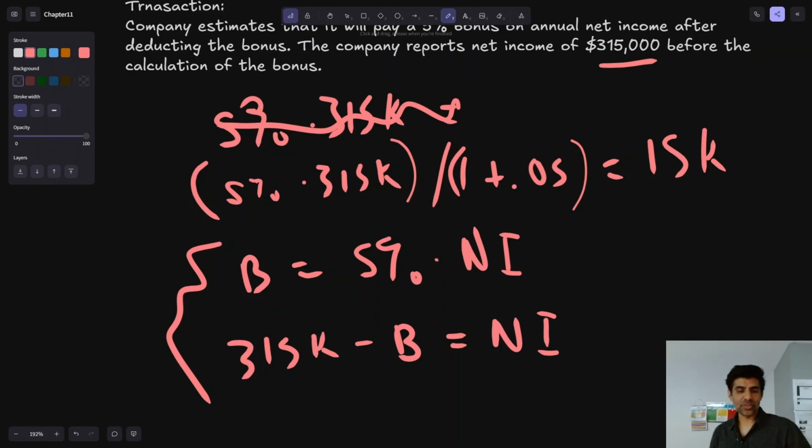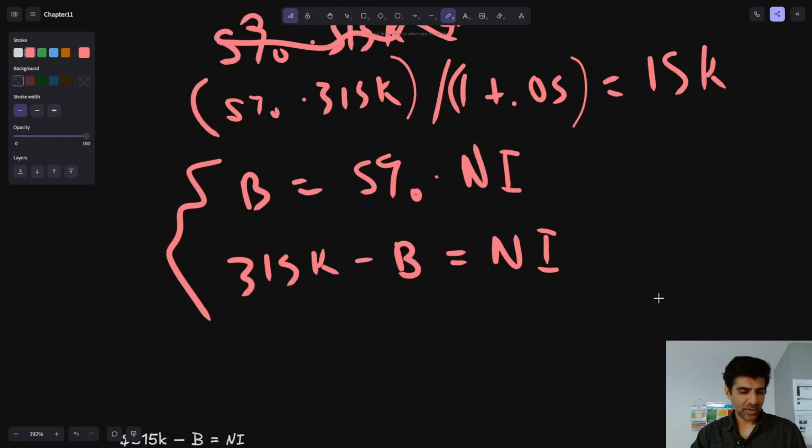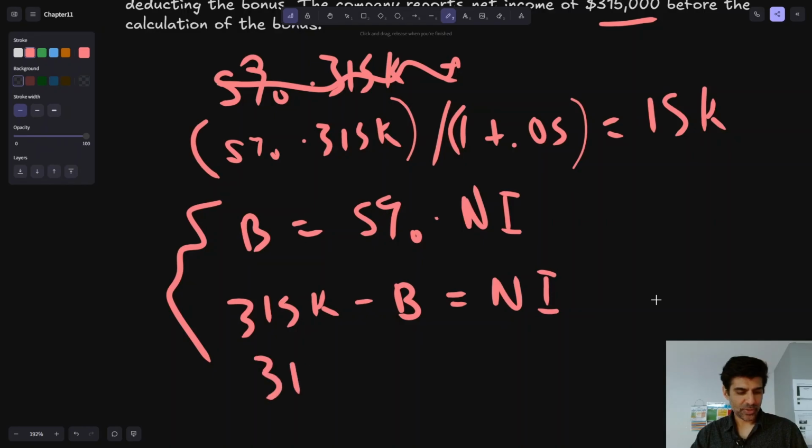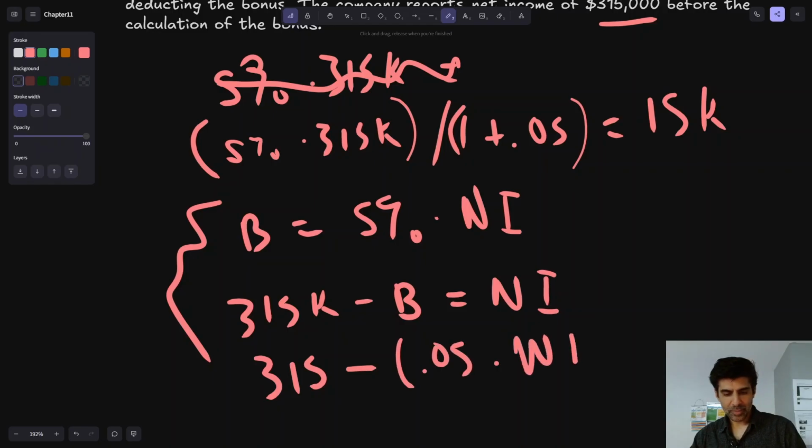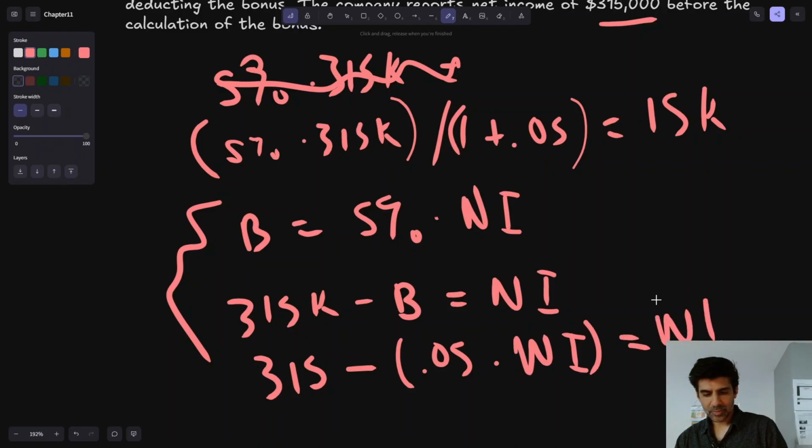Now we have two equations and two unknowns, so we can solve. What I could do is substitute. I already have the bonus written as a function of net income here, so I can just substitute it here. I can do 315 minus 0.05 times net income equals net income.